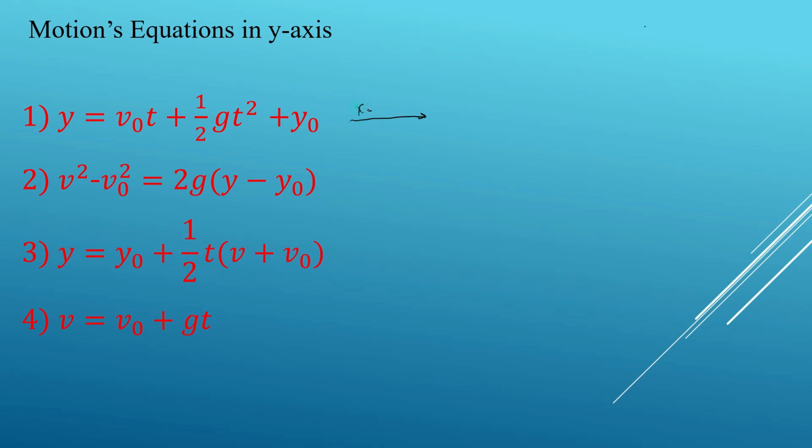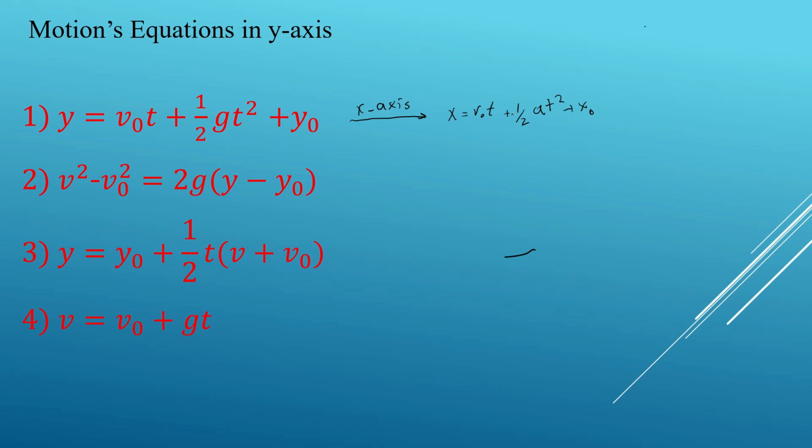So in the x-axis, this equation is going to change to x equals v naught t plus half of a t squared plus x naught, right? So here my g changed to a and also y changed to x, right?